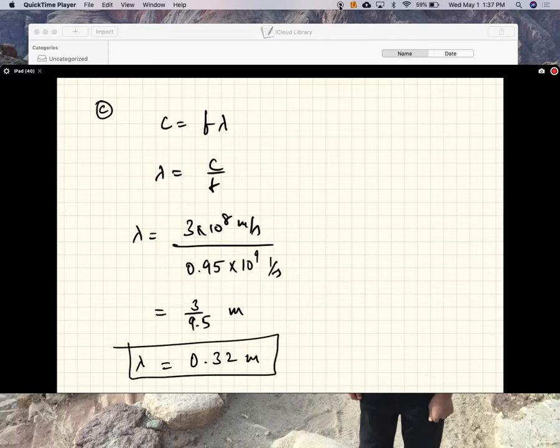So the wavelength of this wave is about a foot.